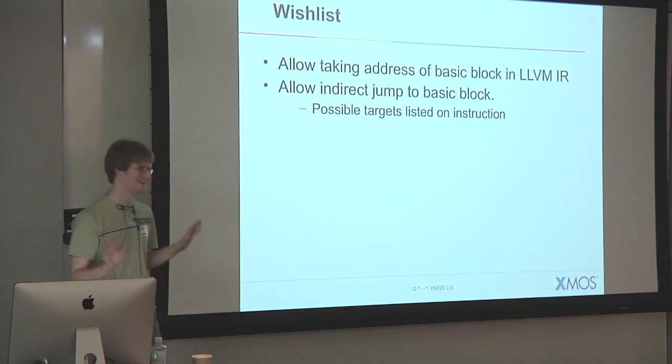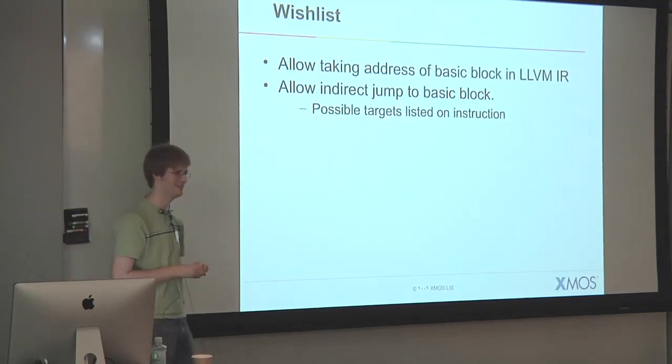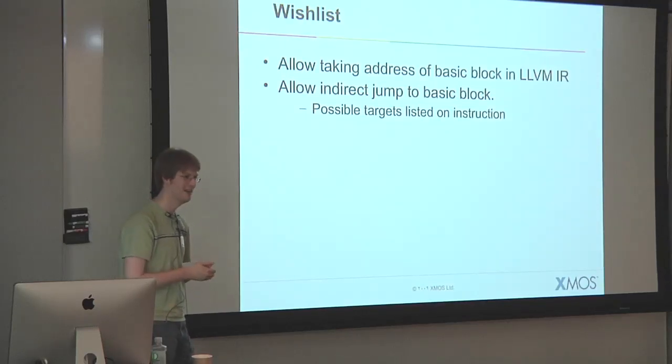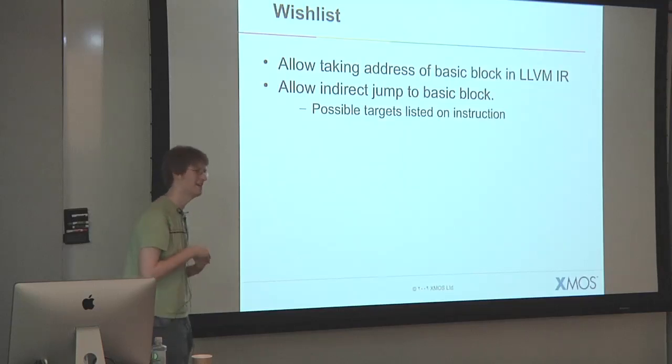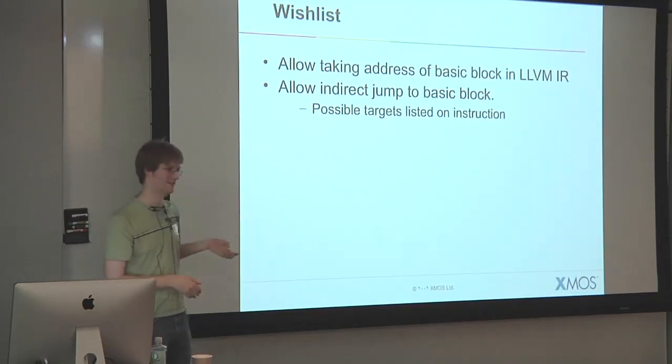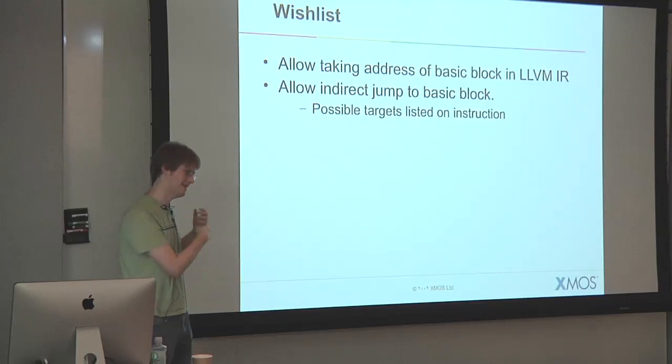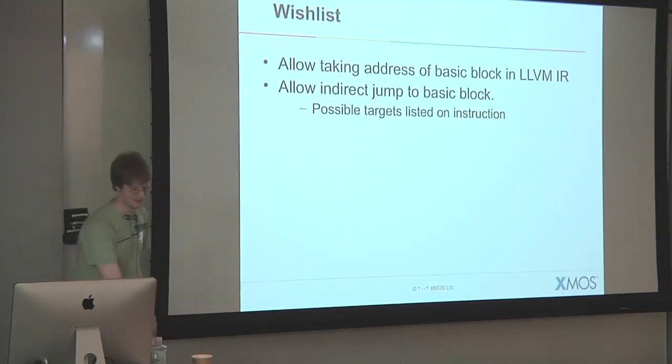So we'd be very interested in hearing people's thoughts about this, and if it might be useful for other people. I know the GCC extension of computed gotos at the moment has to be lowered to switches on integer indexes. So maybe there are similarities between the two.